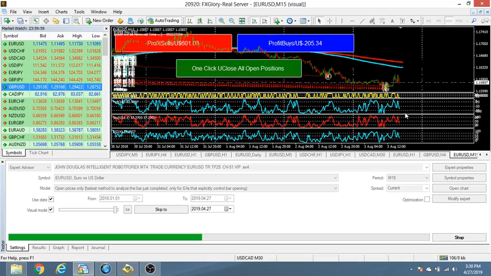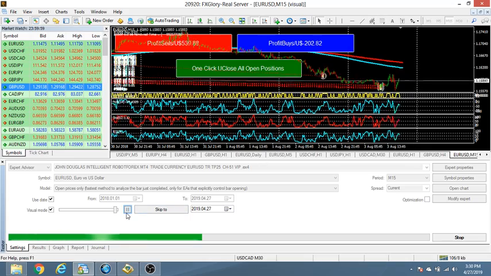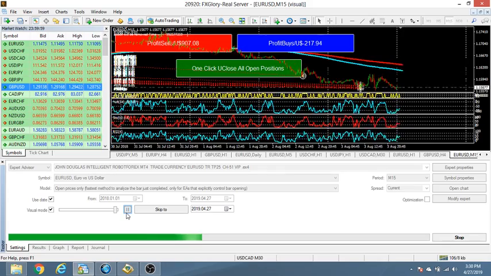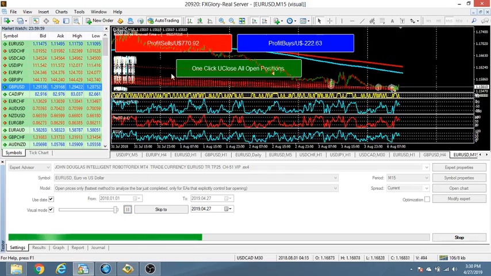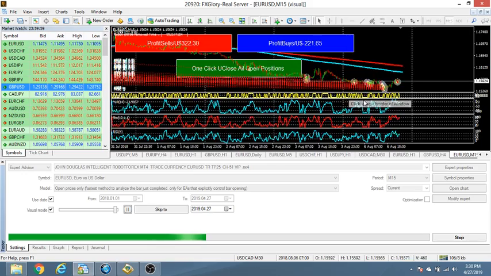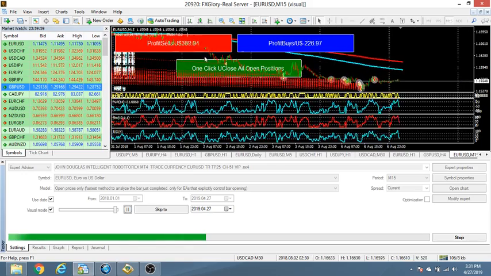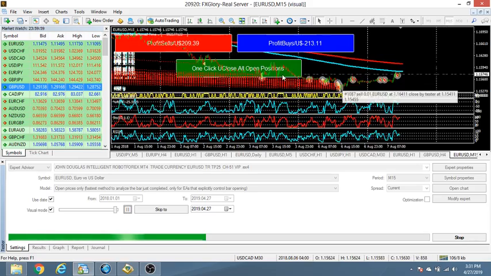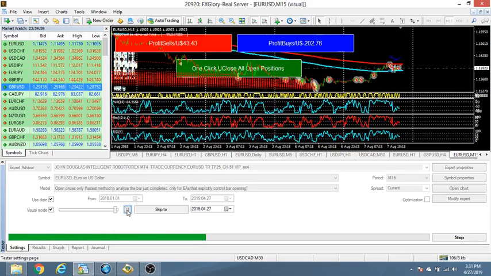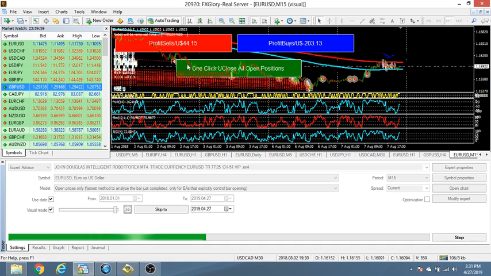So it closes automatically. You can see it continues to close. Now it wins a lot, and then they close. They close here. Now they close. Then they win here, they close most of them.